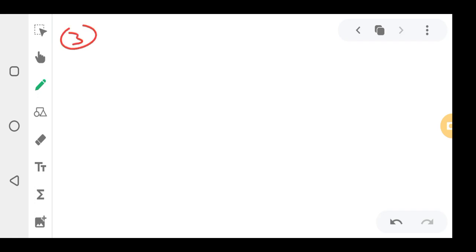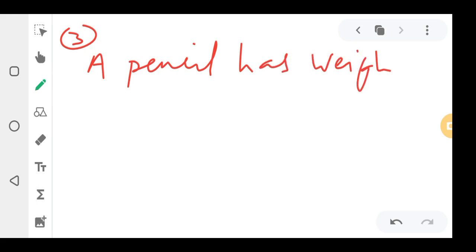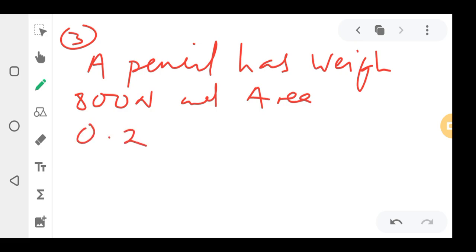What about if they give you, let's say, a pencil that has weight 800 newtons and the area of 0.25.